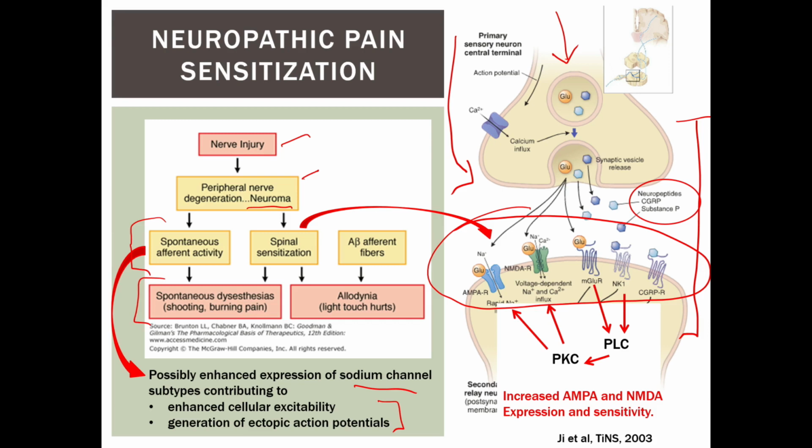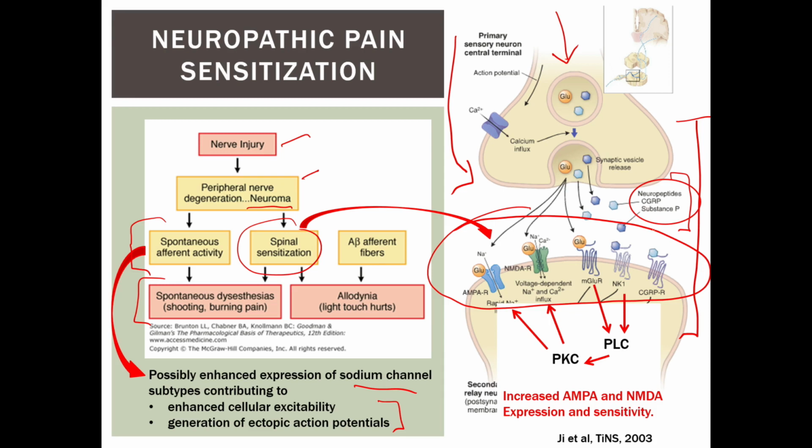We also know that there can be spinal sensitization. And so it can be some change here as a result of the neuropeptides being released, things like substance P, a neuropeptide known as calcitonin gene-related peptide, or CGRP, and glutamate.